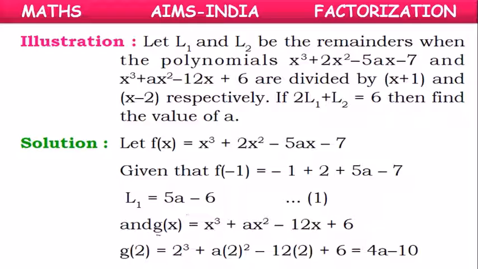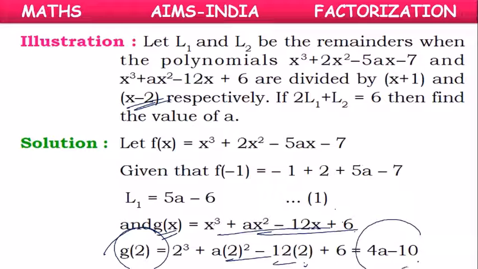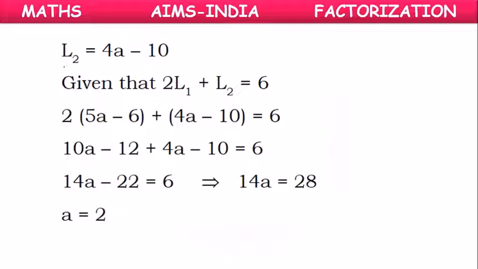In the same way, g of x, if it is divided by x minus 2, the remainder is g of 2. In the place of x, let's keep 2. If we substitute all, we will get 4a minus 10, which is equal to L2. So both L1 and L2 values we have got, but they have given another hint: 2L1 plus L2 equal to 6.